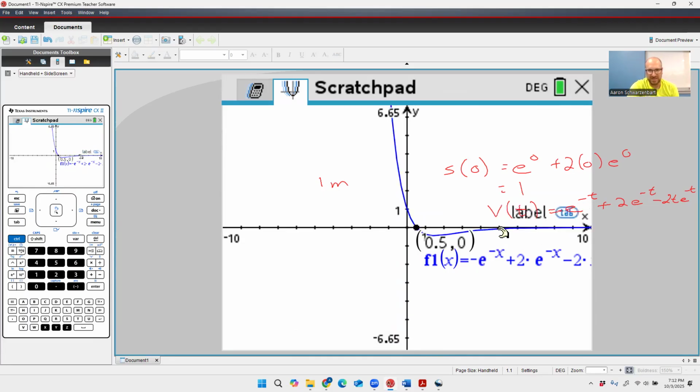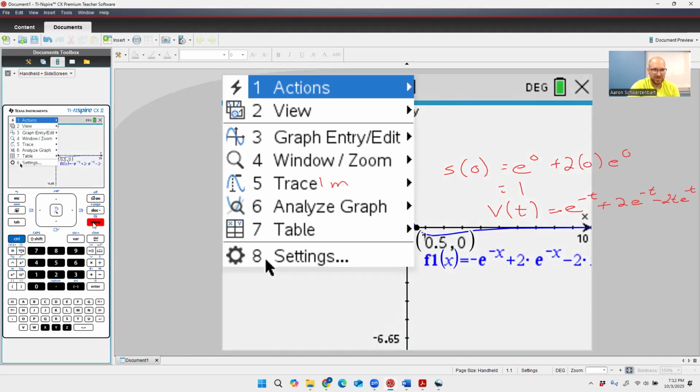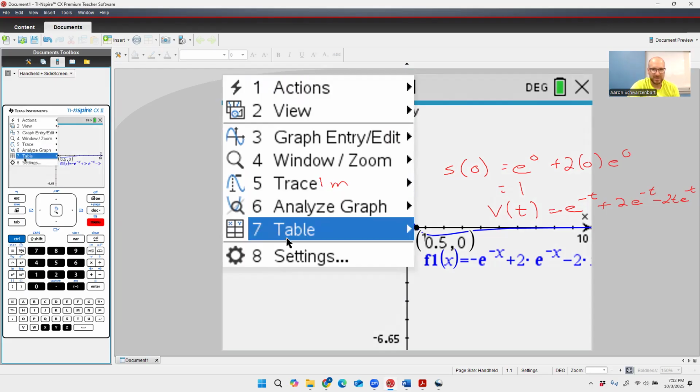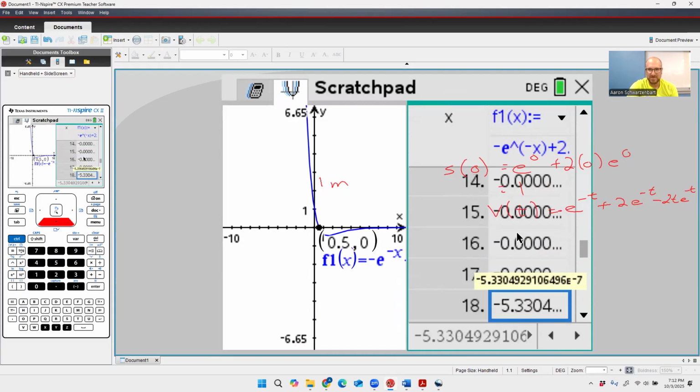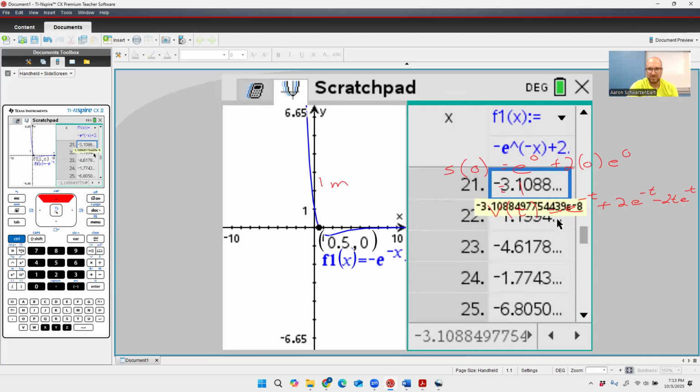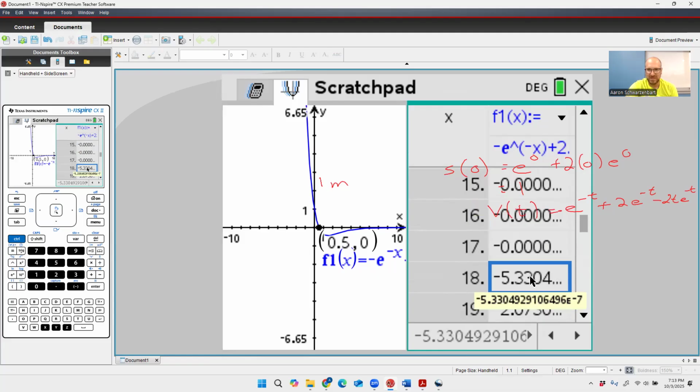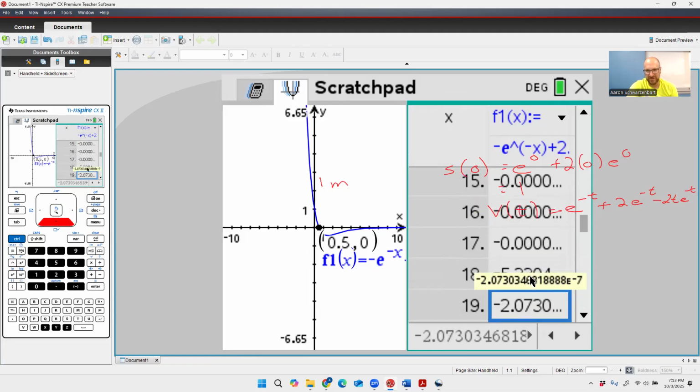This looks like it does not get back to the axis, but I need to double check. So I'm going to look at the table. Okay, these are all getting very, very close to 0, but notice that they stay negative.